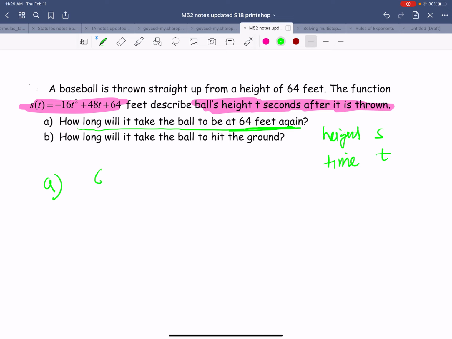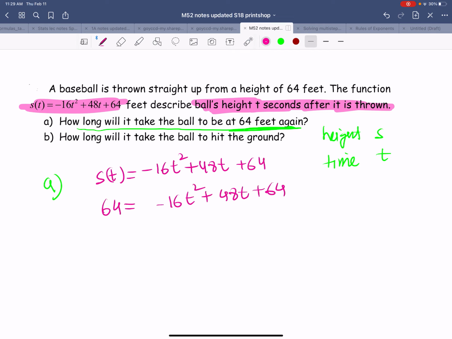So I'm going to replace the height by 64 in the equation. Let's rewrite the equation quickly. S of t is negative 16t squared plus 48t plus 64. So the height is 64: 64 equals negative 16t squared plus 48t plus 64.